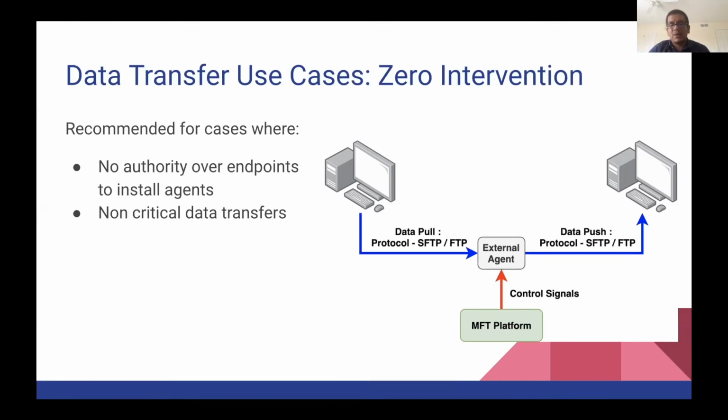Here also you can put the agent inside the network boundaries, and you can control those agents from the MFT platform from the outside. Here also the data path and the control paths are separated, and this could be useful in cases where you don't have any authority, and the sensitivity of the data is not that critical.